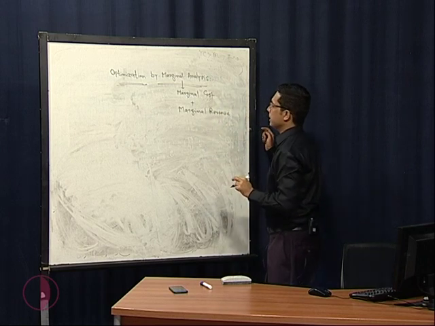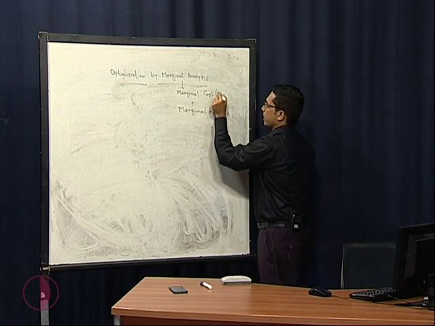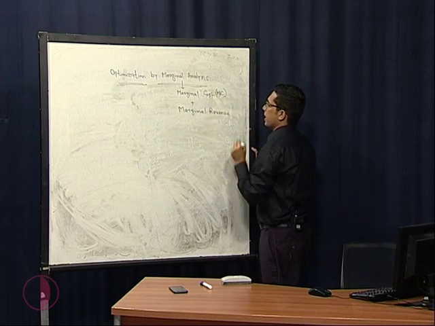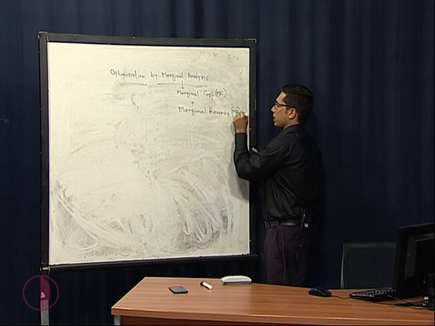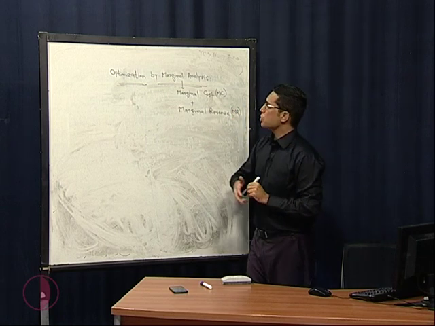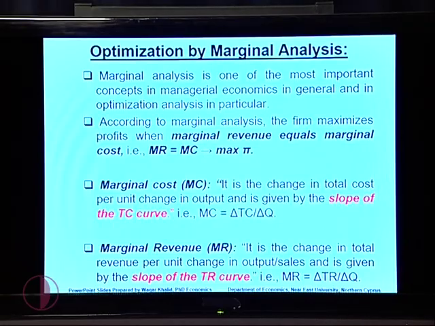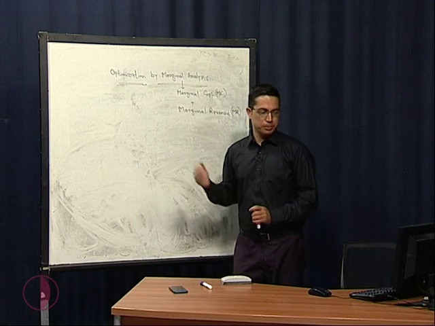Keep one thing in mind, that in economics or in managerial economics, marginal cost is denoted by MC, and marginal revenue is denoted by MR. So, for the optimization analysis, by means of marginal revenue and marginal cost, we can find out the optimal level of output where the business firm can get maximum profit.